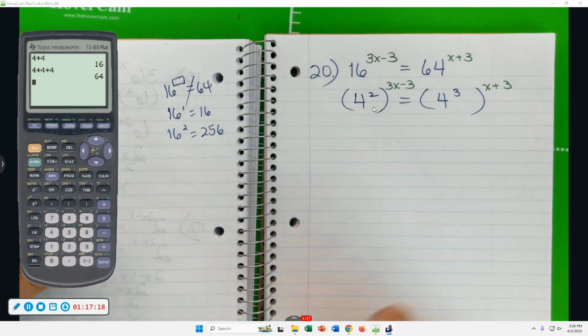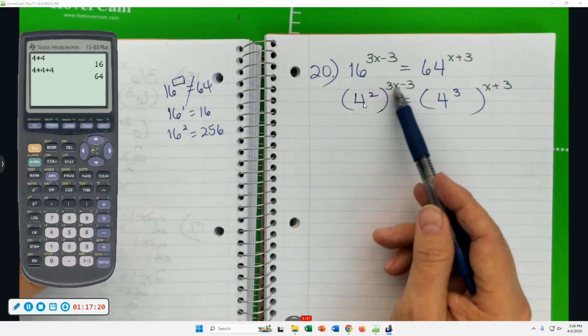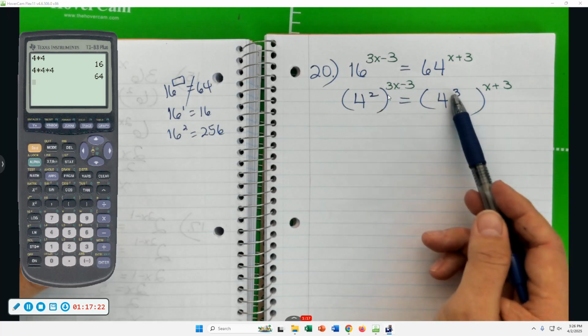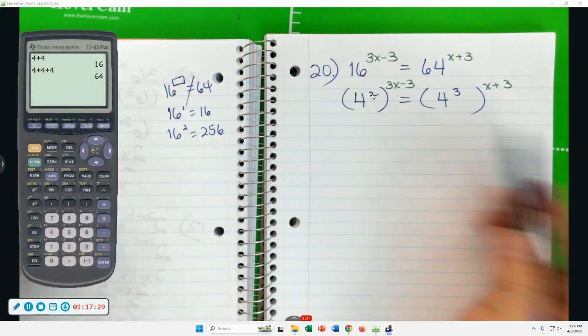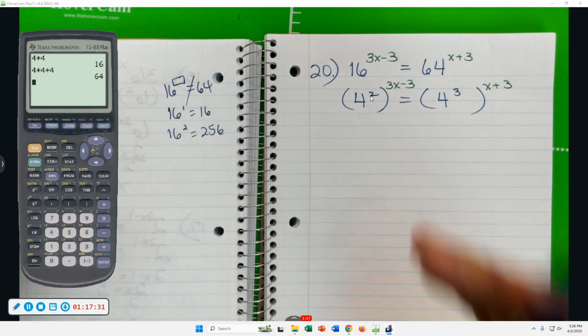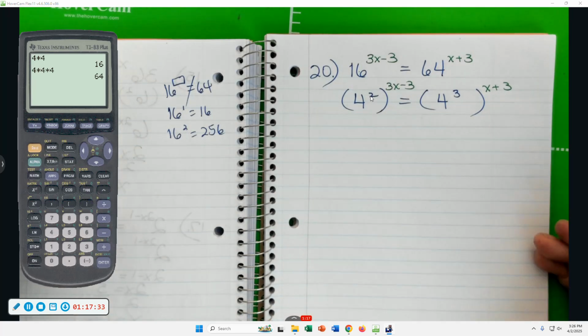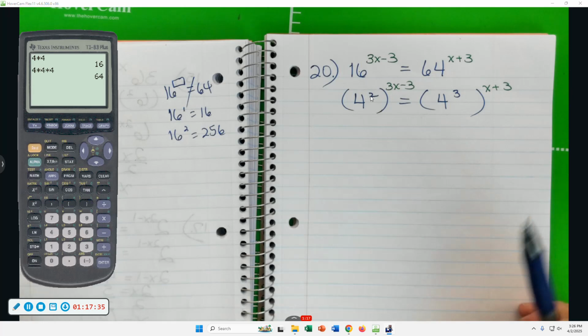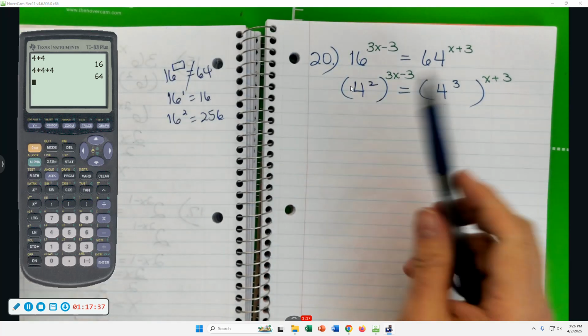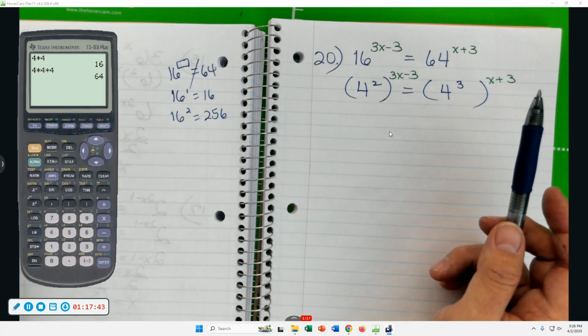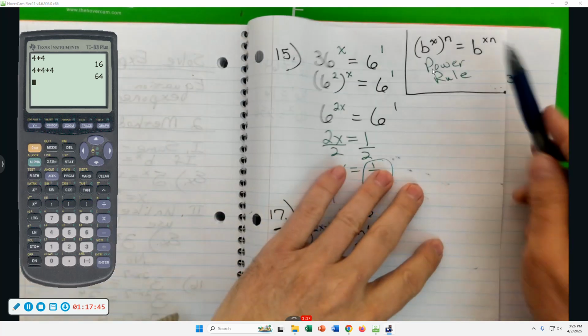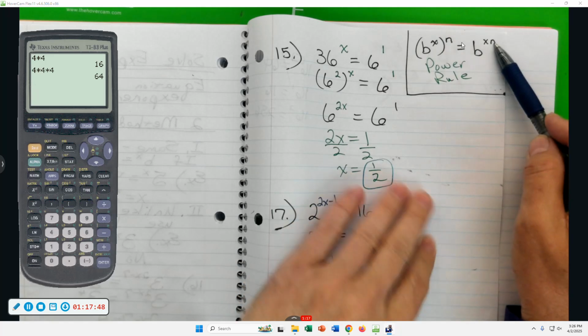Now we have powers raised to powers. What are we going to have to do there? We can't drop the 4's yet. You can't drop those bases until there's no parentheses, just base to power equals base to power. To remove a power raised to a power, you multiply.